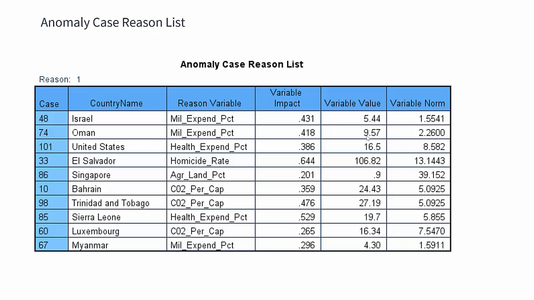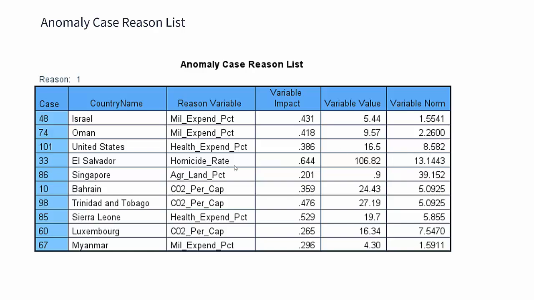Here the value for Oman was 9.57%, whereas for its peer group it was only 2.26. Then we look at the US, we have health expenditure with a variable impact score of 0.386, 16% of GDP spent on health, whereas the variable norm is 8.5.